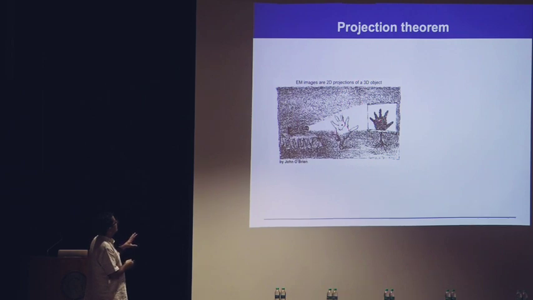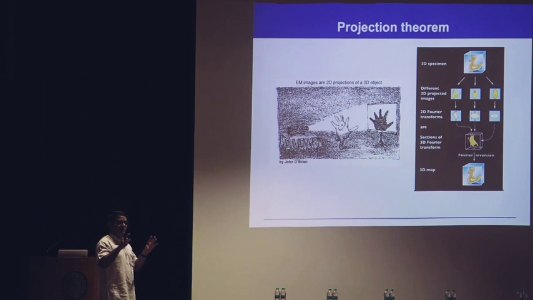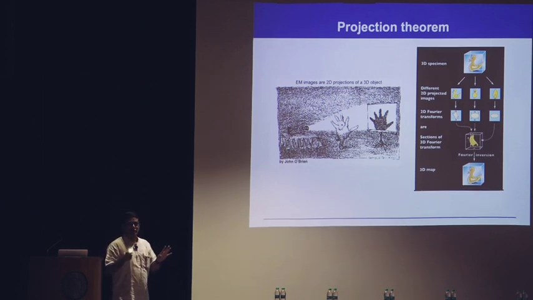This is the 3D object, our EM images are the 2D projections, right? And they came up with this theorem. This is all one should know in cryo-EM about how 2D goes to 3D. It's a very simple technique. Basically, this is called the projection theorem.